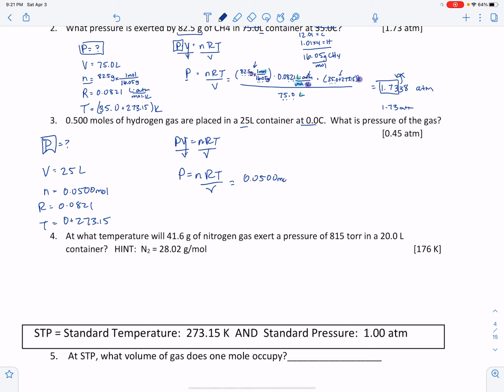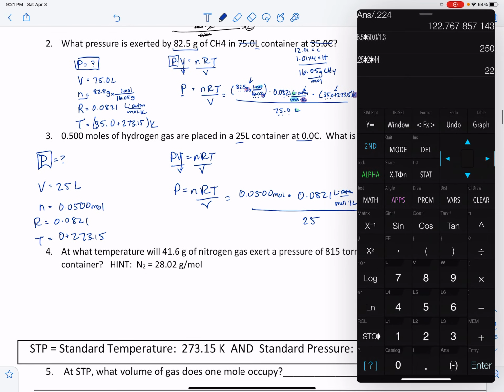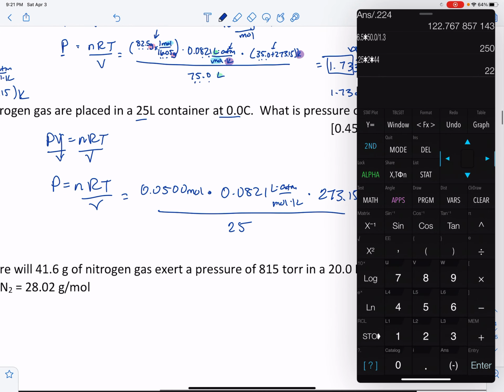0.0500 moles times 0.0821 liters ATM per mole Kelvin times my temperature, which I can look over there and see that it's 273.15, divided by my volume, which is 25, equals, zoom it over here, 0.05.